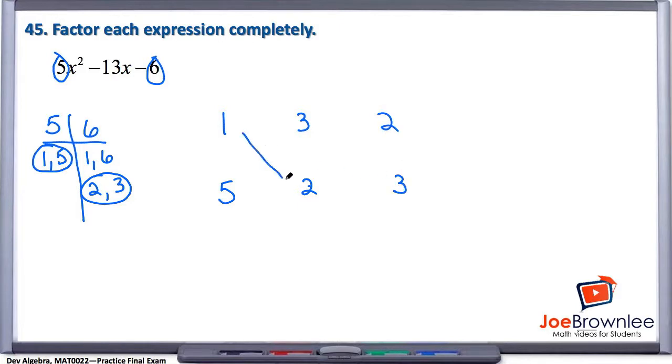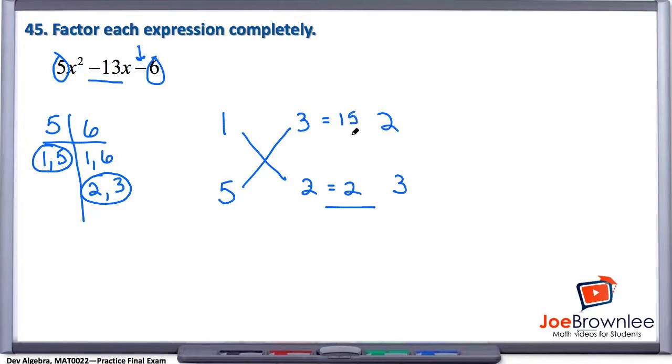We're going to cross multiply, and again, it's called scissors, right, because it kind of looks like a little pair of scissors. All right, and we're looking to use subtraction to get to a negative 13. So 1 times 2 gives us 2, 5 times 3 gives us 15.